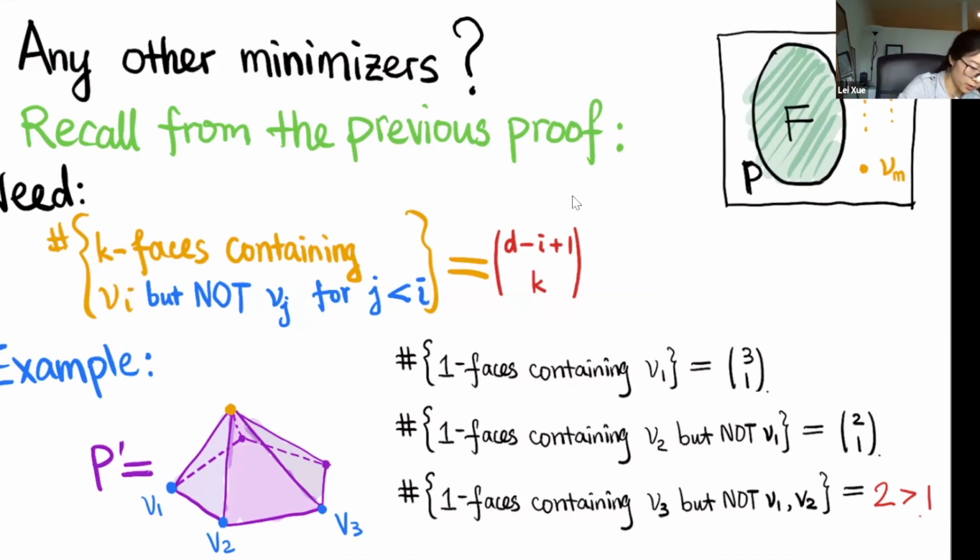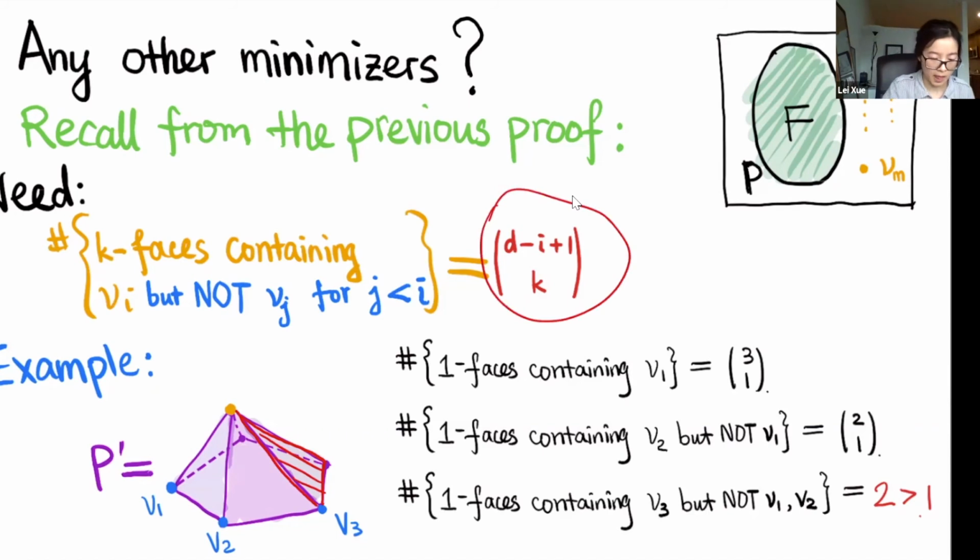But in this example, you can actually do better. You can find this facet, a d-1 dimensional face containing v3 but not v1, v2. So you sort of have a spare dimension, and that will for sure give you more than this many faces at that step.